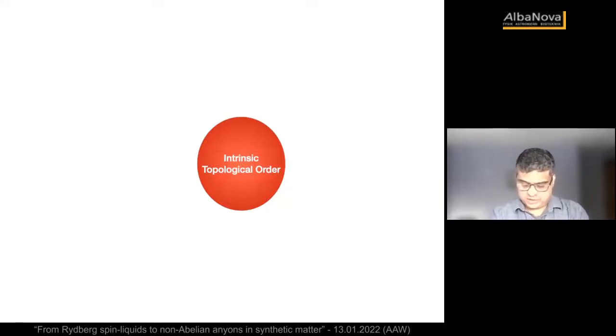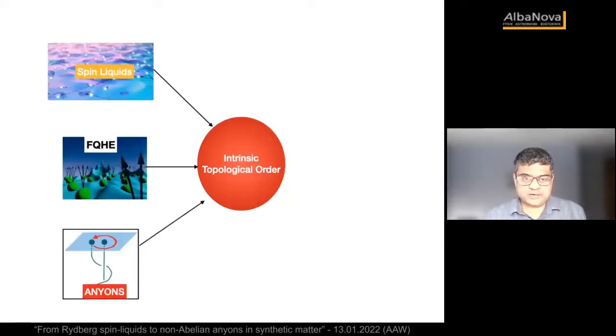One thing that is astonishing about this area is how many different concepts it brings together, and the different physical systems that are involved. A lot of my talk will be focused on quantum spin liquids, but the fractional quantum Hall effect, an old subject, is also very relevant for this area. It was the first realization of intrinsic topological order.